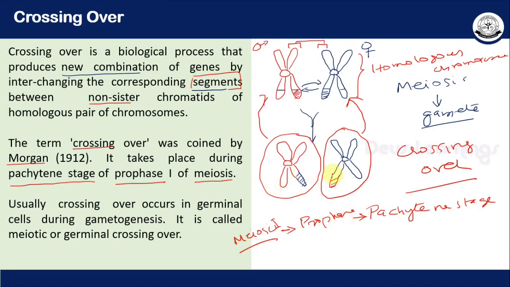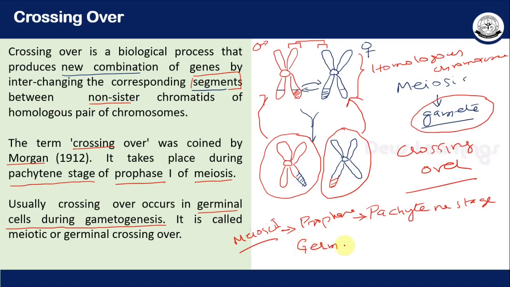Okay, so then I told you why it happens. Usually crossing over occurs in germinal cells and during gametogenesis, right? I told you meiosis is needed for making gametes, and gametes come from germ cells.